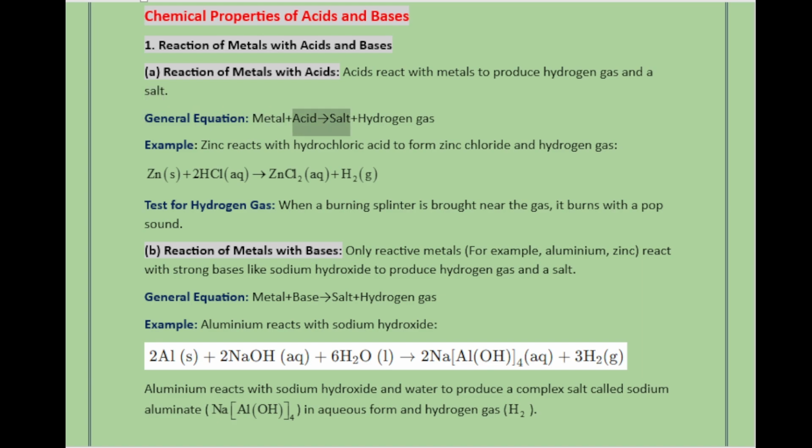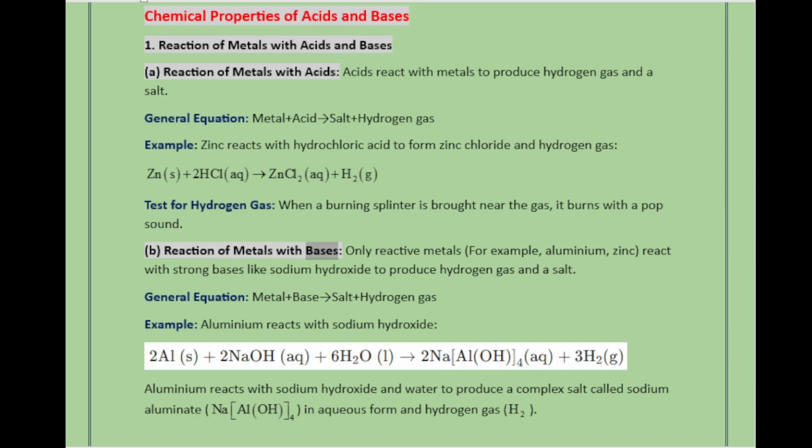General equation: metal plus acid gives salt plus hydrogen gas. Example: zinc reacts with hydrochloric acid to form zinc chloride and hydrogen gas. Test for hydrogen gas. When a burning splinter is brought near the gas, it burns with a pop sound.